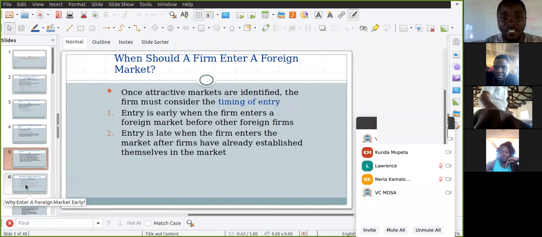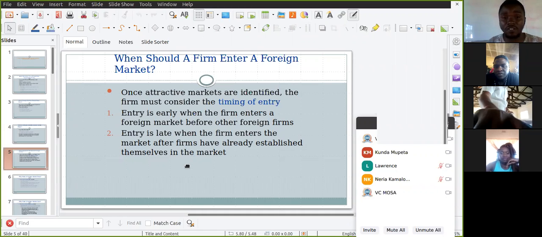And then entry is late when the firm enters the market after firms have already established themselves in the market. This also has advantages and disadvantages.